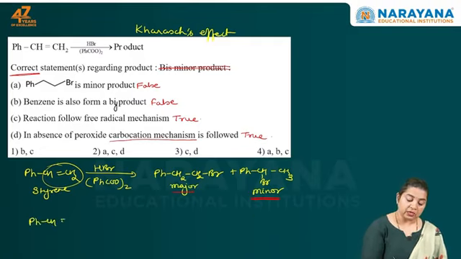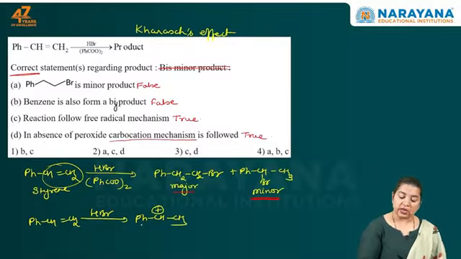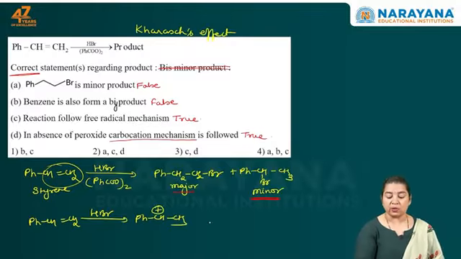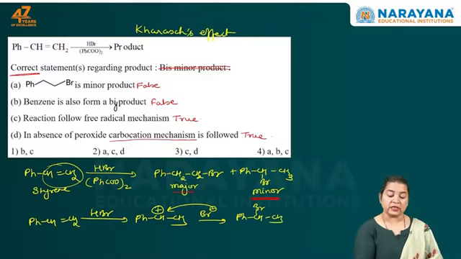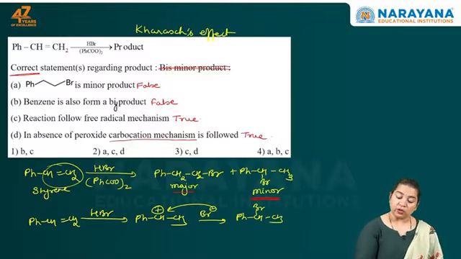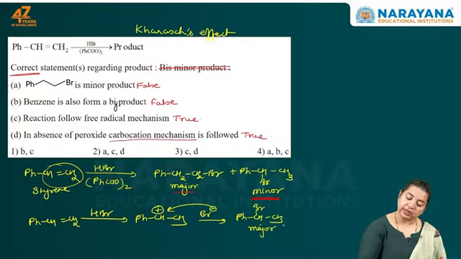So, for PhCH=CH2, if peroxide was absent, it is a 100% correct statement that this carbocation would have been involved to form the major product, PhCHBrCH3, and the anti-Markovnikov product could have been formed as minor.